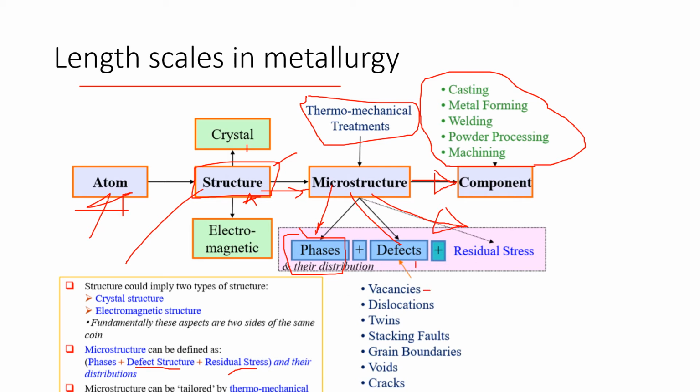Vacancies, dislocations, twins, stacking faults, grain boundaries, voids, cracks. Based on the cracks, we study the material failure analysis. We study the microstructural behavior, and in the microstructural behavior we study the voids, grain boundaries, and craters. We can calculate the life of that structure.